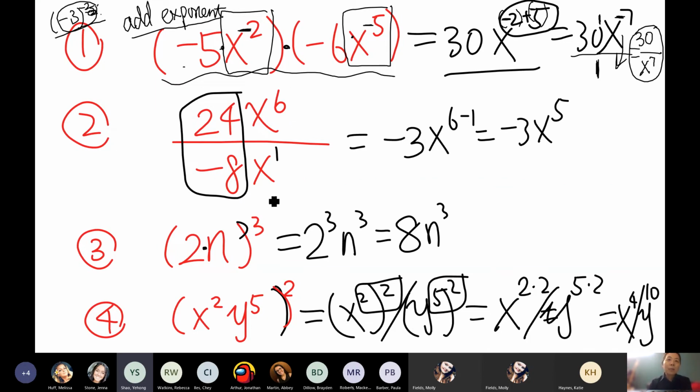Now the second question, I can do the same thing. I can change both of them to negatives now. So the numbers will still be the same. 24 divided by negative 8, it's negative 3. But when we are dividing here, remember the formula is subtract exponents. That's here, subtract exponents.